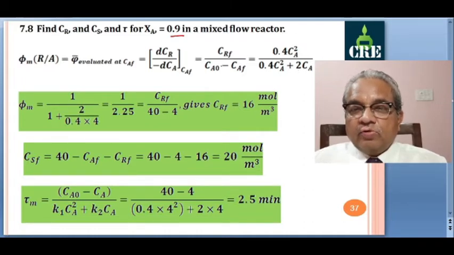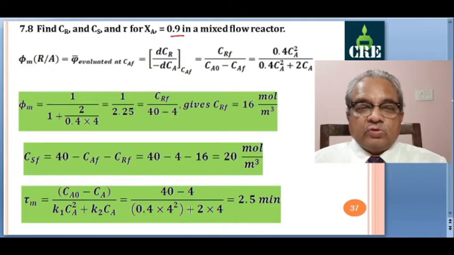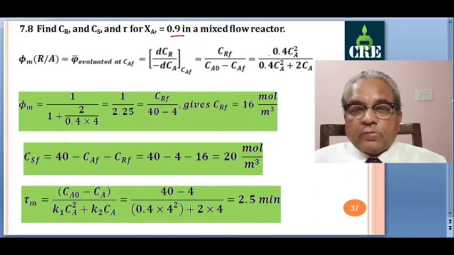We know the values of K1 and K2, so we have substituted them here. If I divide throughout by K1 Ca square, I get 1 in the numerator and 1 plus 2 by 0.4 Ca in the denominator. Now what is Ca?